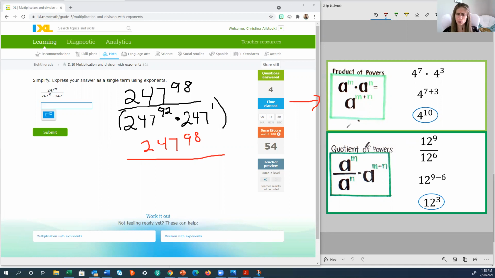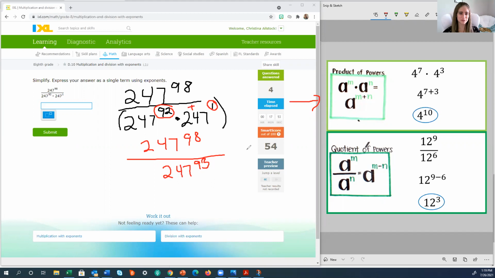Remember, with the product of powers, if we notice that 2 exponents have the same base, 247, 247, and they're being multiplied, we add our exponents. That means we are going to be adding 92 and 1. So what's 92 plus 1? Yeah, 93.